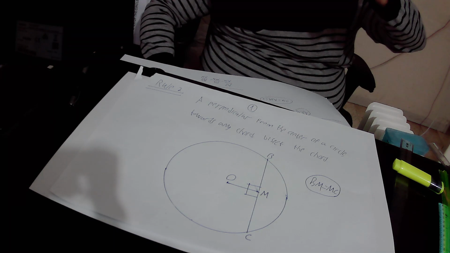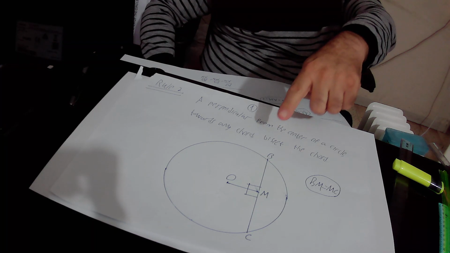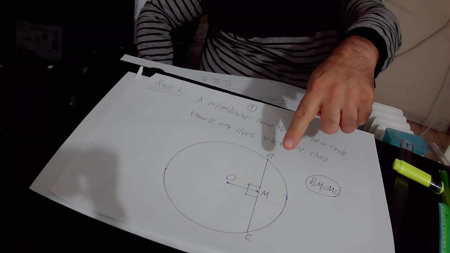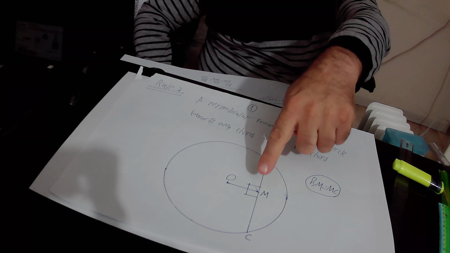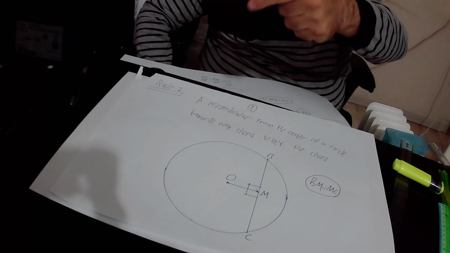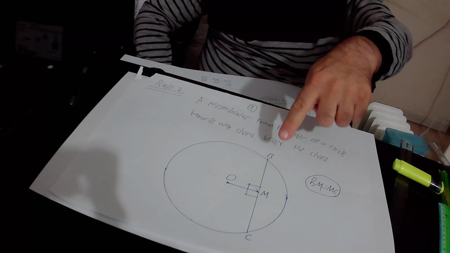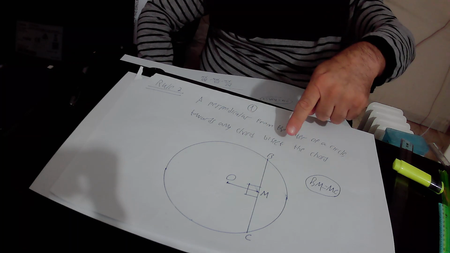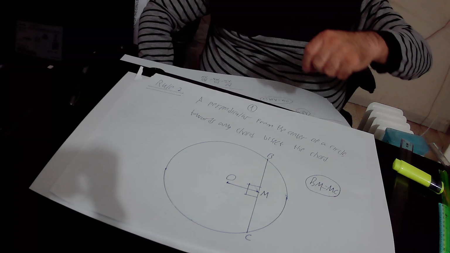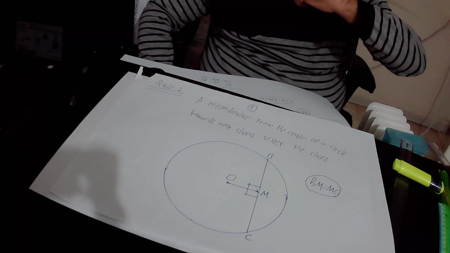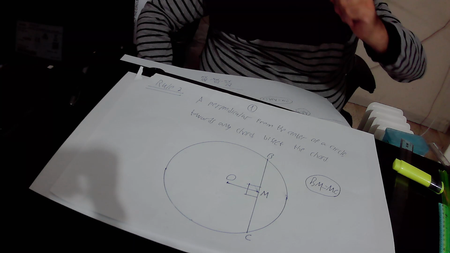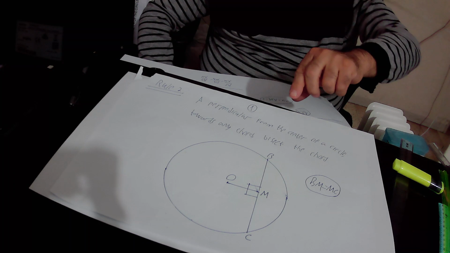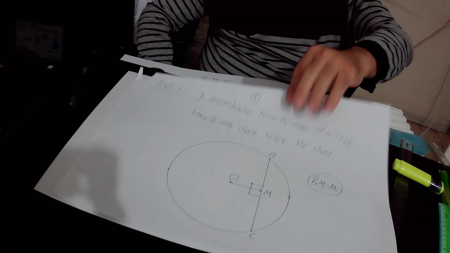Point O is the center of the circle. We have a perpendicular from point O on BC. So this angle equals 90 degrees and this angle equals 90 degrees. We define the point where the perpendicular from point O meets BC as M. So this perpendicular OM bisects chord BC. That is to say, it divides it into 2 equal parts, or BM equals MC. BM equals MC. We implemented the rule number 2 in our drawing.